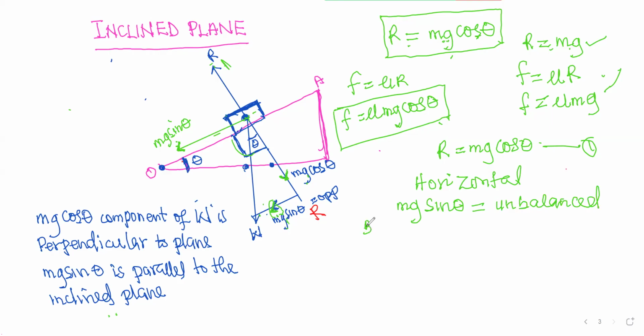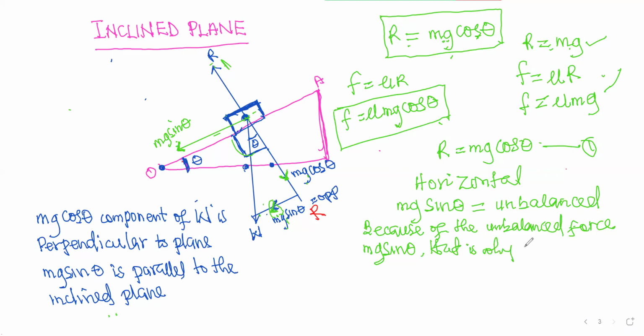So because of the unbalanced force mg sin theta, that is why bodies accelerate down an inclined plane.